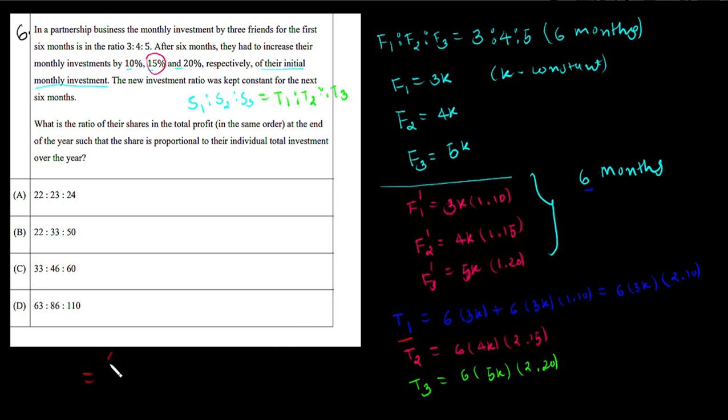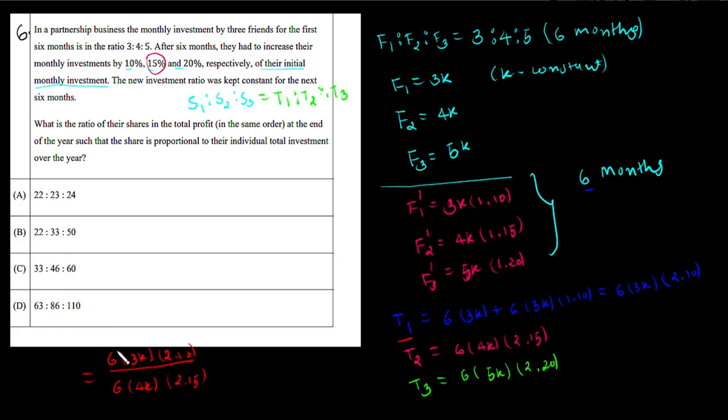So I can say here 6 multiplied with 3k, multiplied with 2.10, and we have to divide this term with the total amount spent by this second friend. So I can write here 6 multiplied with 4k multiplied with 2.50.